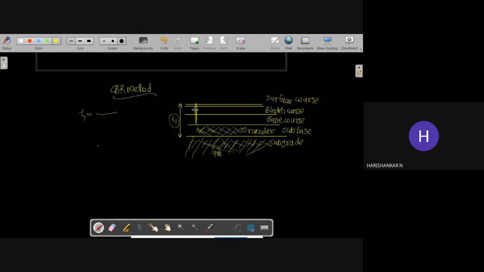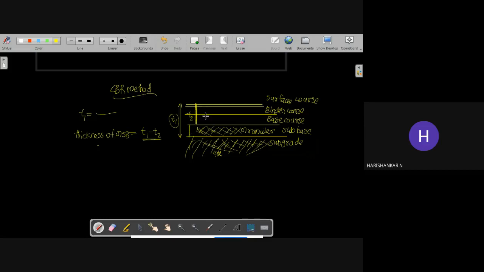If you treat this thickness as T2, then the thickness of the granular subbase can be obtained by subtracting T2 from T1. In this way you can find the individual thickness of the subbase.